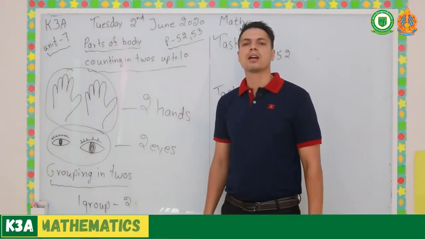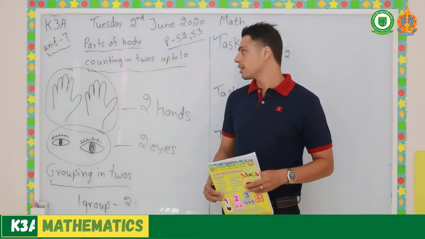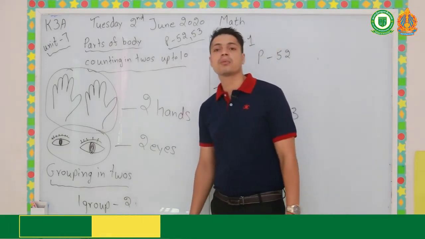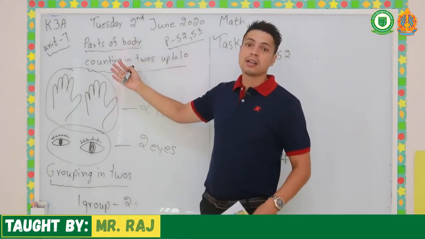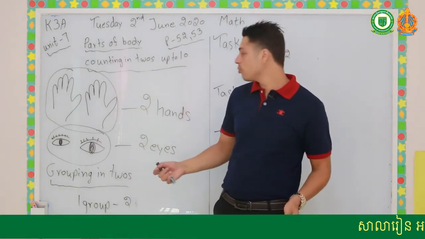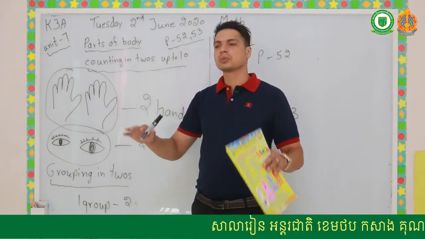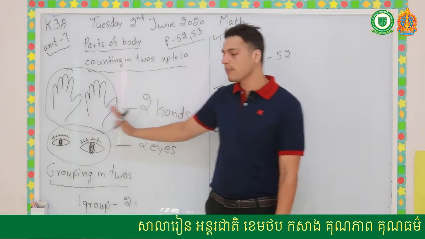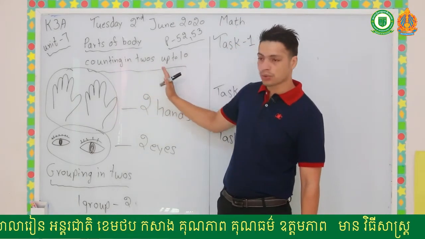Hello students, welcome back to the second video for today's class. Today we are learning about counting in twos up to 10 and parts of the body, how we count parts of the body, like I explained in the last video. So how many hands do we have? We have 2 hands. So we are counting in twos.